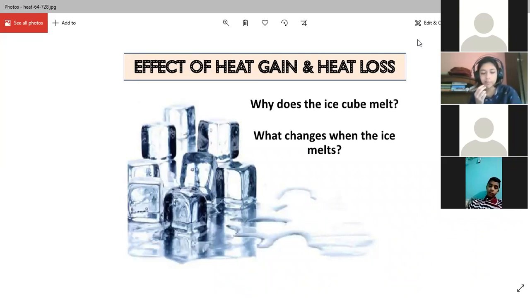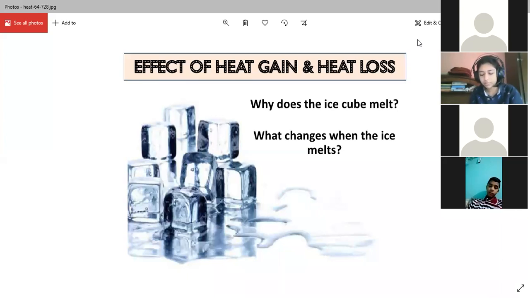Now, over here, they have given us two questions to solve. Number one, why does the ice cube melt? Number two, what changes when the ice melts? As you all know, when the ice melts, the physical feature of it changes. All right, the physical state of the ice changes when it melts, and what happens to it? It changes its identity and it goes into liquid.